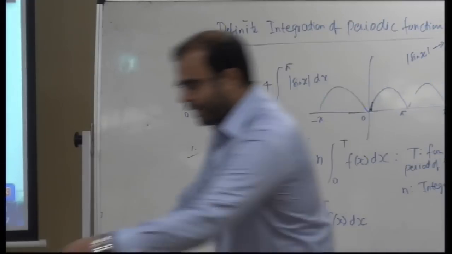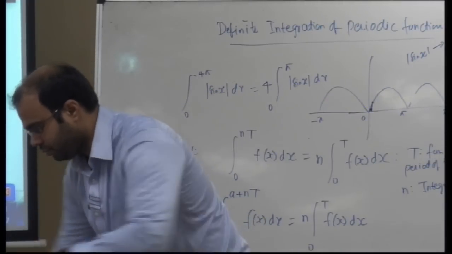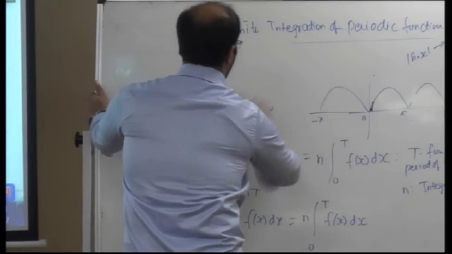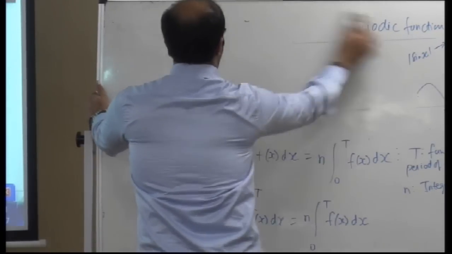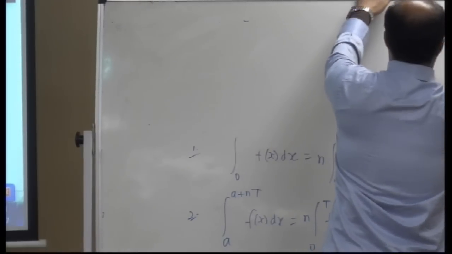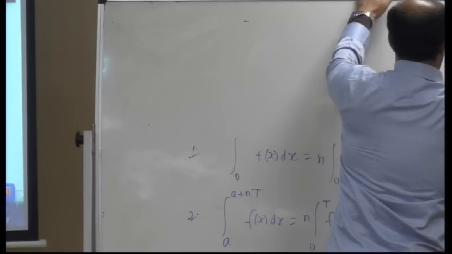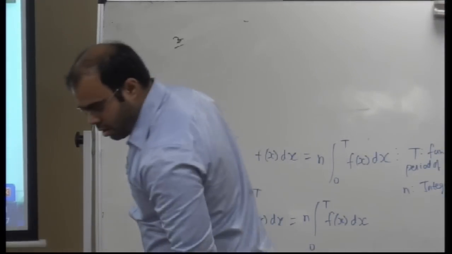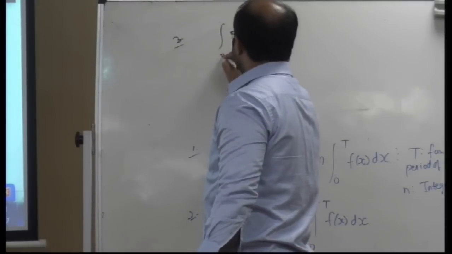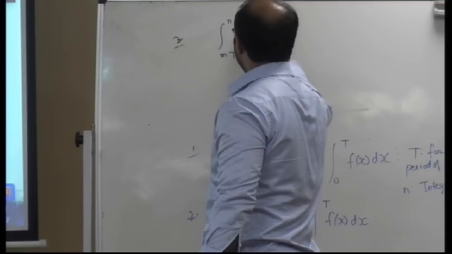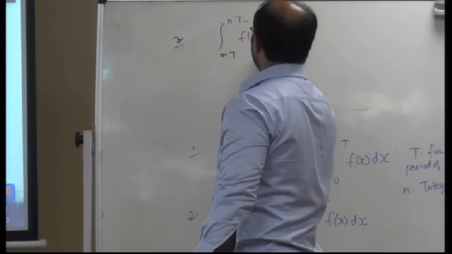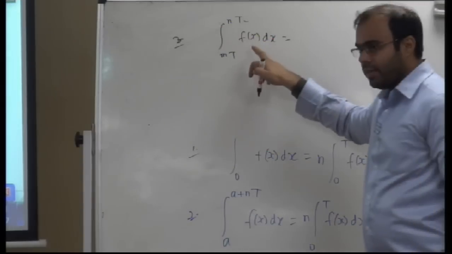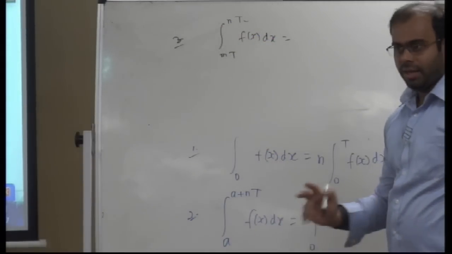Third property again you can express. Third property is the integral from mT to nT of f(x) dx. Now it is again a periodic function with fundamental period T, and m, n are integers.